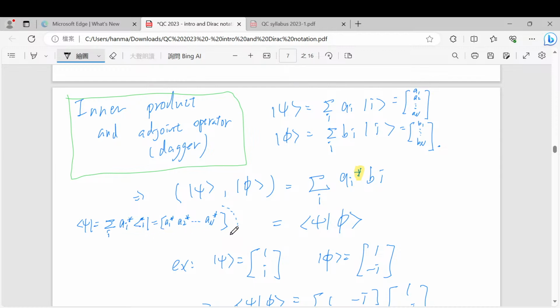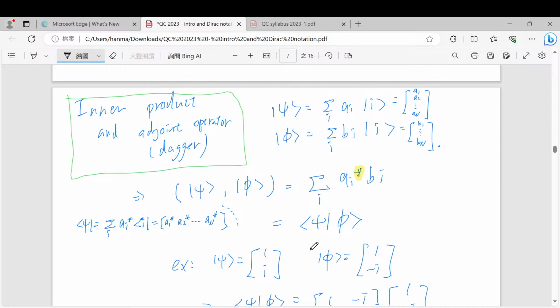So if you write this down as a row vector, that should be a1 star, a2 star, up to an star. And you see that the summation over i of ai star bi is just the matrix multiplication of this row vector and this column vector. So you can write the inner product between psi and phi in this nice way. You just write bra psi with ket phi.